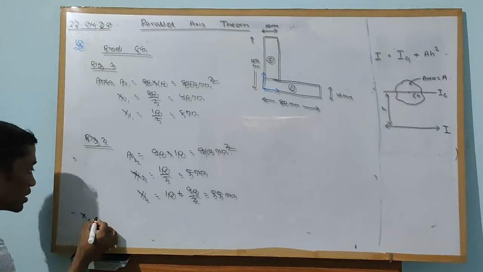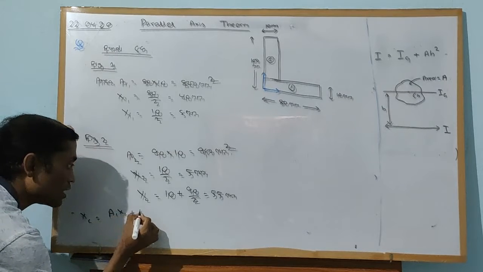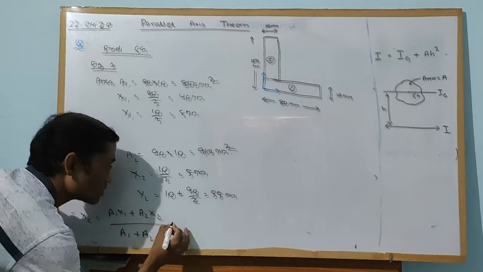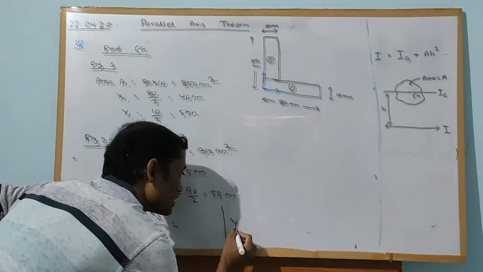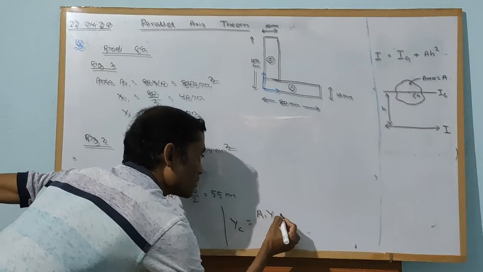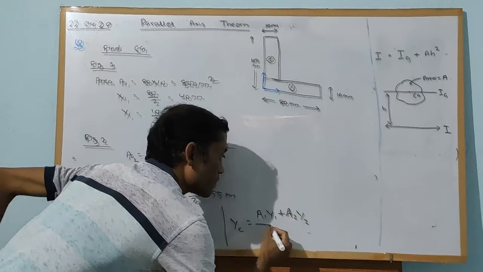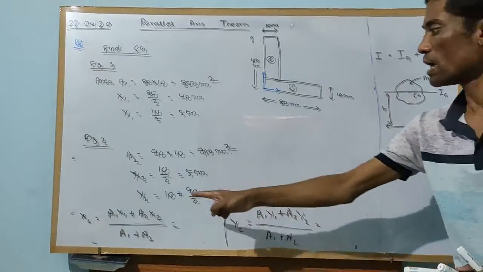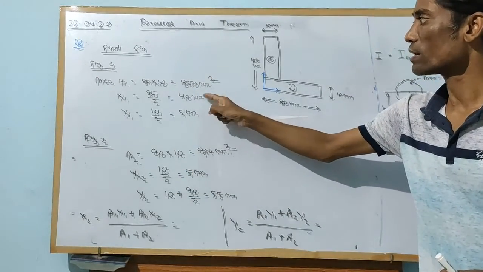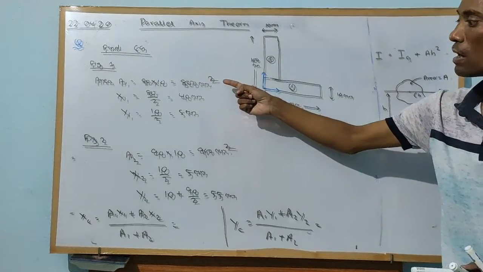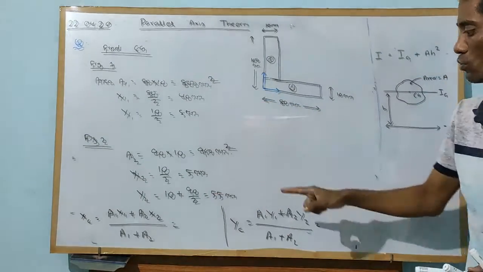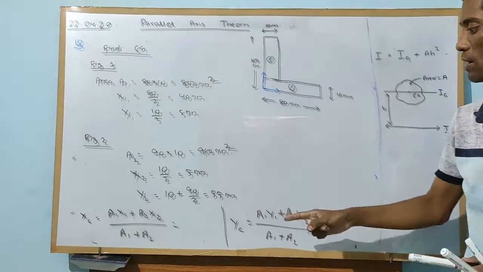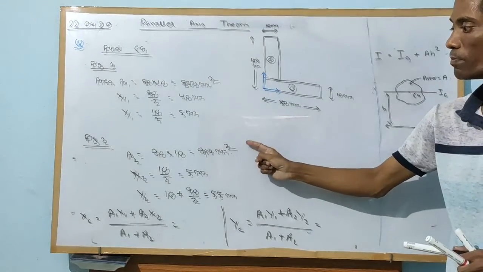So XC is equal to, the formula you know, A1 X1 plus A2 X2 divided by A1 plus A2, and similarly YC is equal to A1 Y1 plus A2 Y2 divided by A1 plus A2. Now you see A1 X1, A2 X2, A1 Y1, A2 Y2, everything is there.